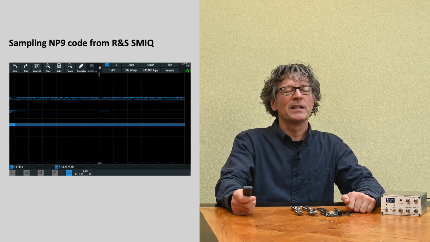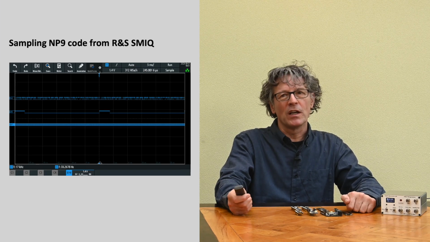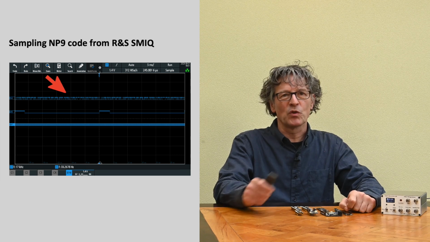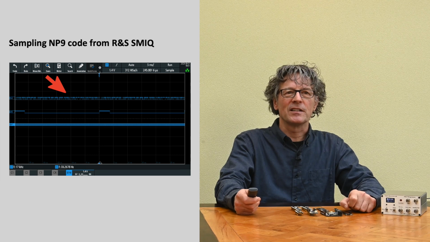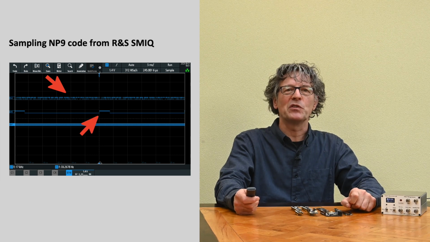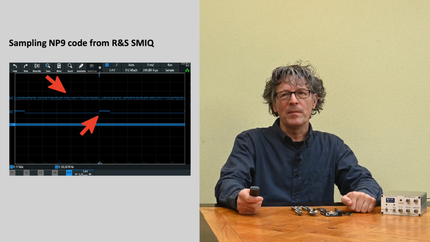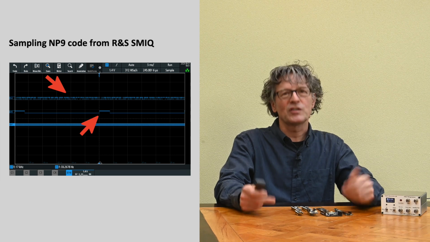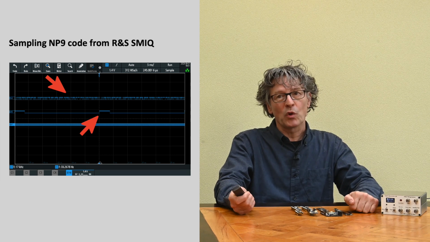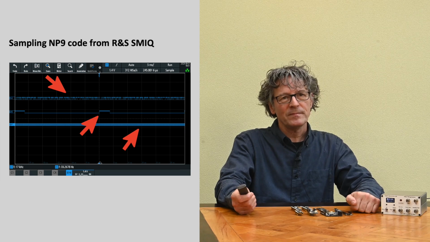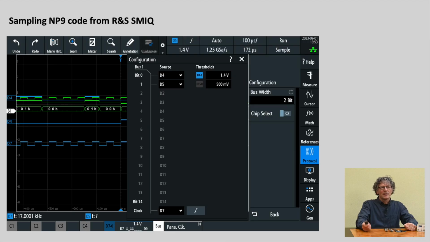So this is a little bit how the PN9 signal looks like. So you see the PN9 signal changing quite often at the top, and below that the second line in the graph here, basically you see when a new frame starts, a sequence start of 511 bits, and then we got the clock signal as well. Now, then we start to configure a parallel bus.